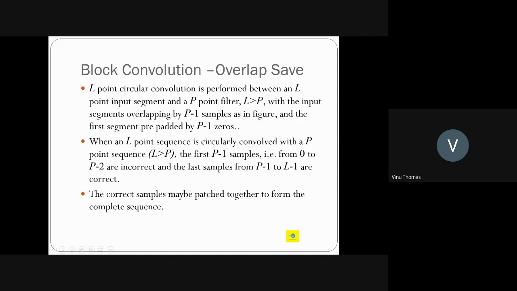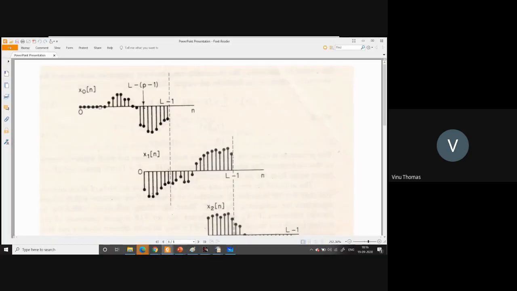So what we will do is start by zero pre-padding the first block. You had an infinite sequence, and you divide this into blocks of length L. Now the blocks have length L, but the first block is pre-padded by P minus 1 zeros, which means before the first sample you add P minus 1 zeros.